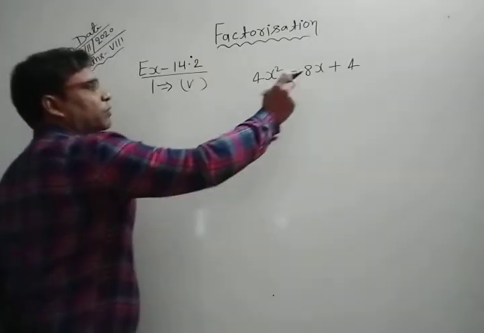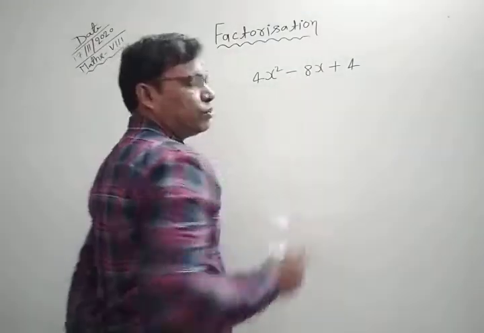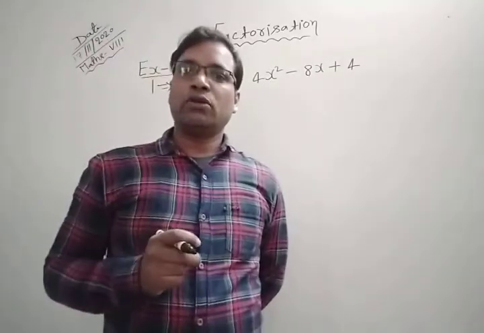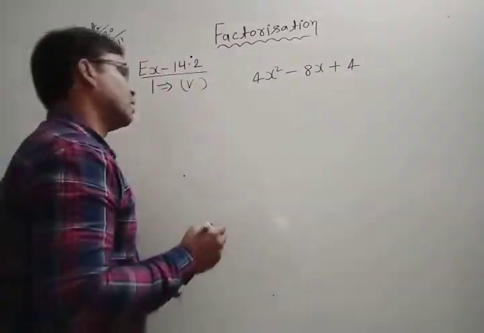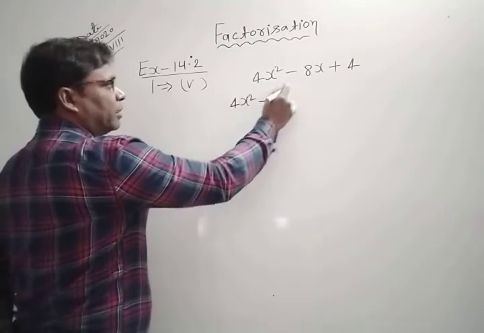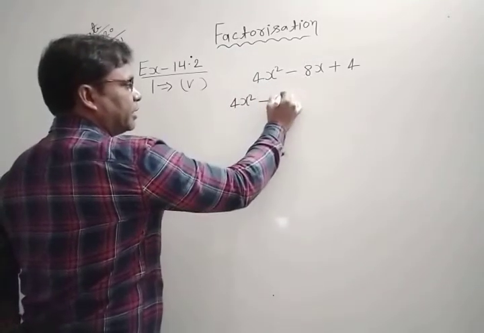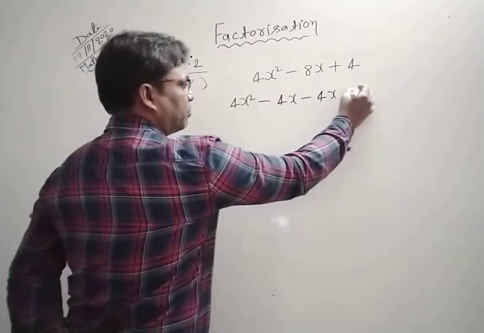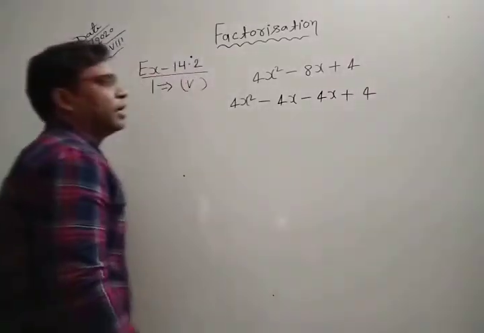For this, we will break the middle term into 2 equal parts. If you divide 8 by 2, then you obtain 4. So the 4x square we write as it is, 8x you can write as 4x minus 4x, and plus 4 we write again as it is.